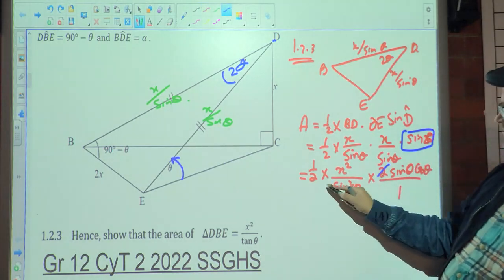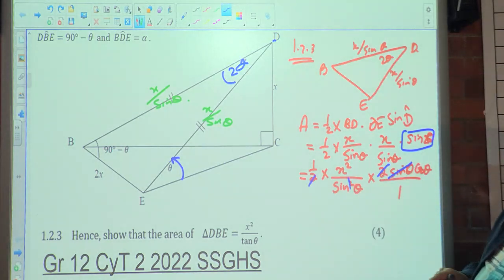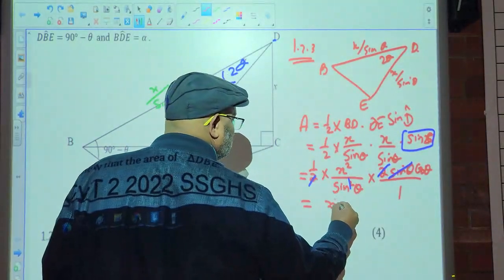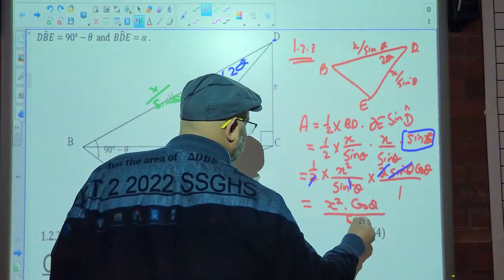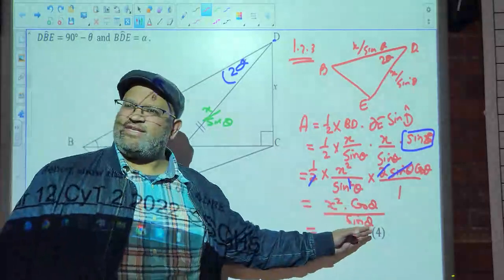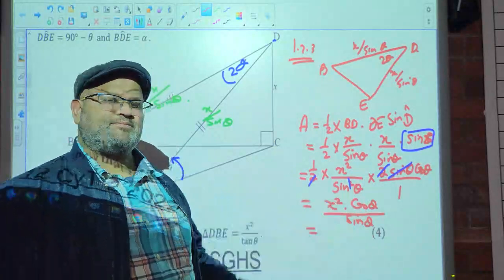Of course the 2's cancel, and the sine cancels with one of those sines. So what are we left with? We are left with x squared times cos of theta over sine of theta. We know that sine over cos is tan, and cos over sine is 1 over tan.